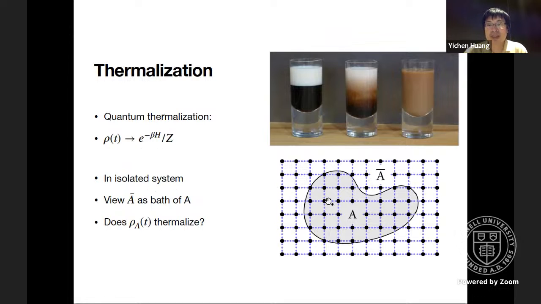In order to observe thermalization, we divide the system into two parts, which I call A and A bar, the complement of A, so that we might view A bar as a bath of A. Then we ask whether the reduced density matrix on subsystem A thermalizes. Because we divide the system into a subsystem and its complement, and view the complement as a bath, we require that the size of A is less than or equal to half of the total system size. But we do not require that A is much smaller than A bar, as long as it is less than or equal to the size of A bar.